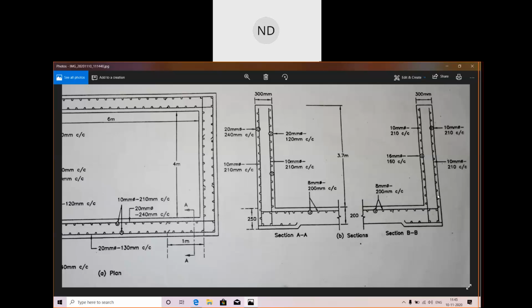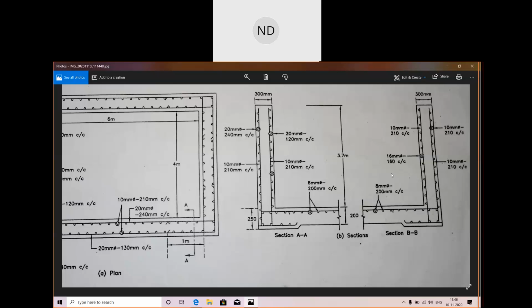Showing you the design of the short slab. We have 20 mm at a spacing of 120 mm, and 16 mm at the center, at a spacing of 160 mm center to center.